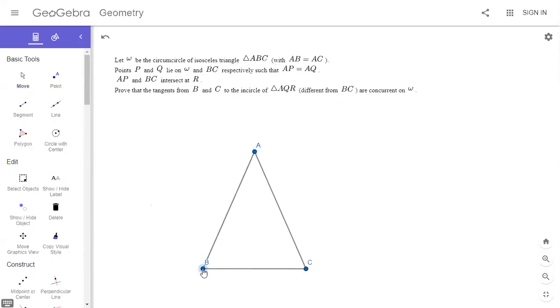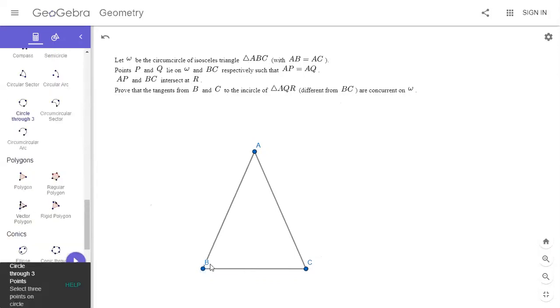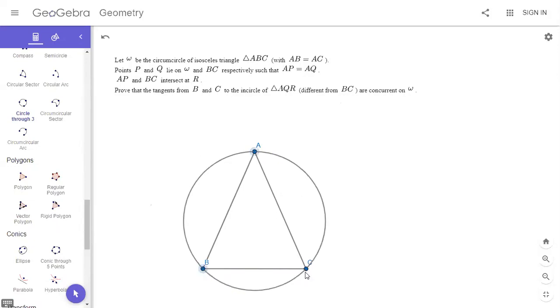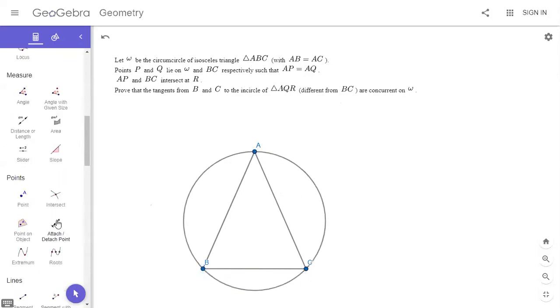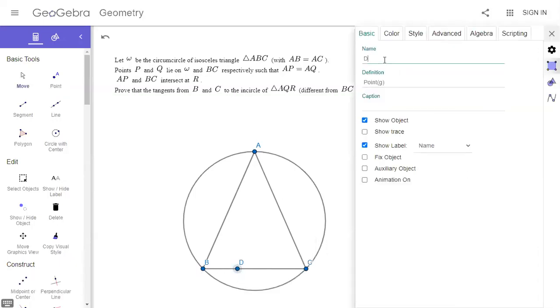Okay, P and Q lie on, okay, so omega is the circumcircle. P and Q lie on omega and BC. So I'm just gonna, so Q would be the point on BC.